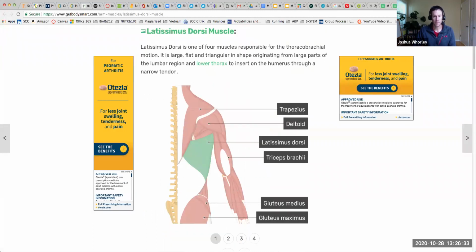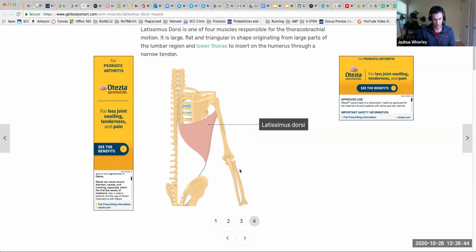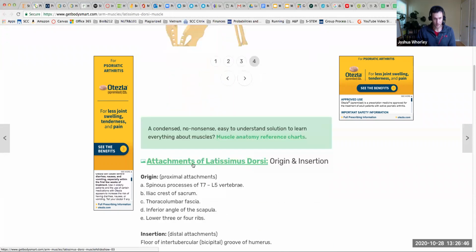Let's do the latissimus dorsi next. Pull these away and see this broad origin of the latissimus dorsi to a tiny little insertion on the anterior portion of the humerus, superior portion of the humerus. Let's look at all of these origins: the spinous processes of the last half of the thoracic vertebrae and the lumbar vertebrae, the iliac crest, right where it attaches to the sacrum, the lower 3 or 4 ribs, and even a bit on the inferior angle of the scapula.